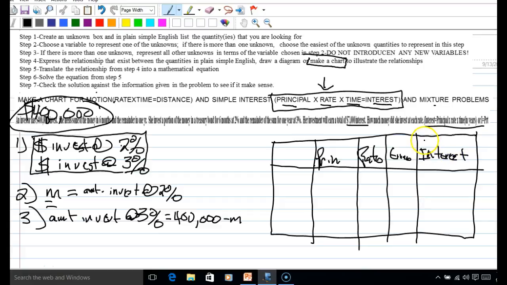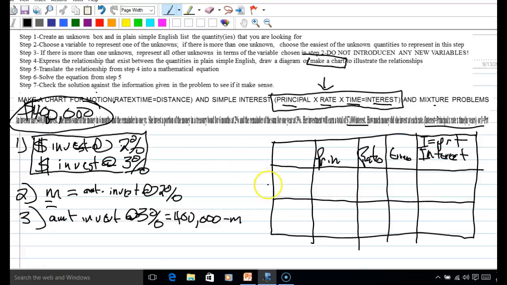And remember that the interest here is equal to the principal times the rate times the time. So the way that I'm going to find what goes in the last column is by multiplying these three columns together.